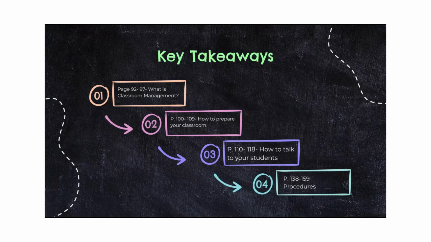We're going to be looking at how to prepare your classroom on pages 100 through 109. How to talk to your students, that's a big one, on pages 110 through 118, and procedures, pages 138 through 159.